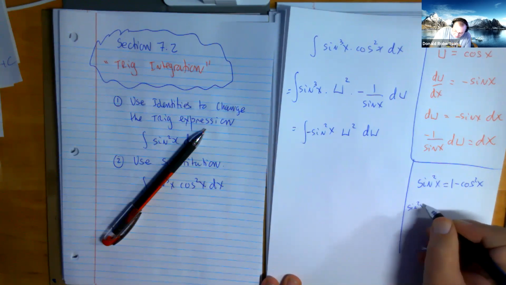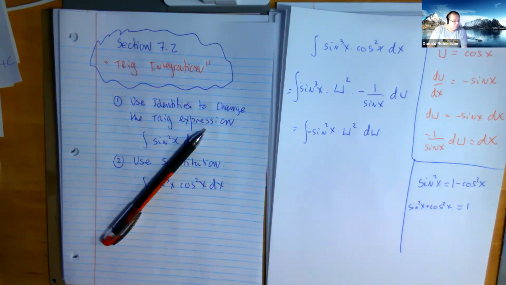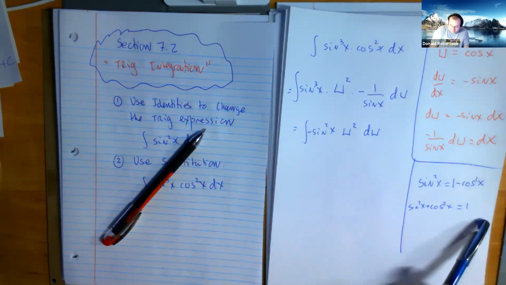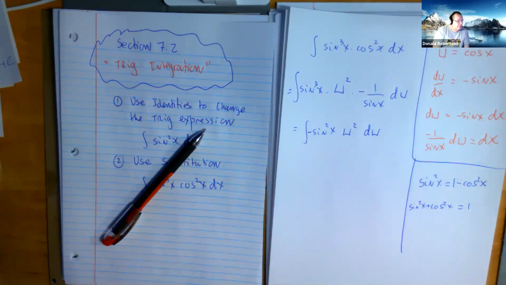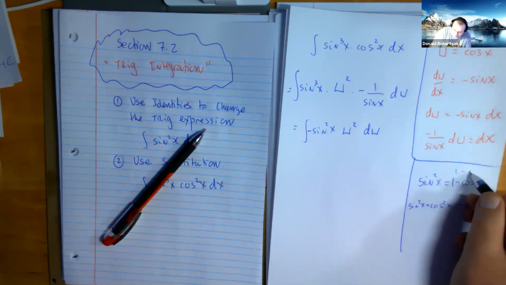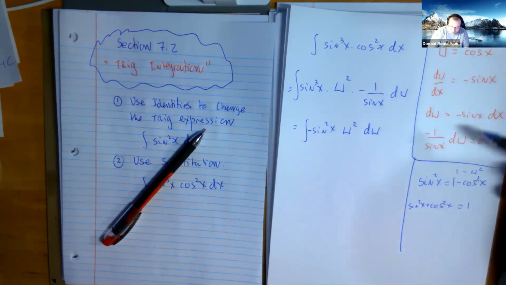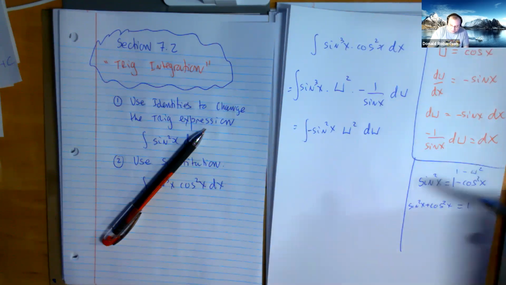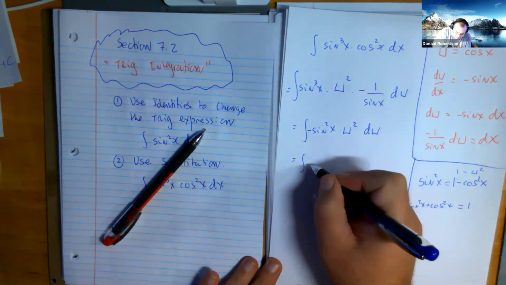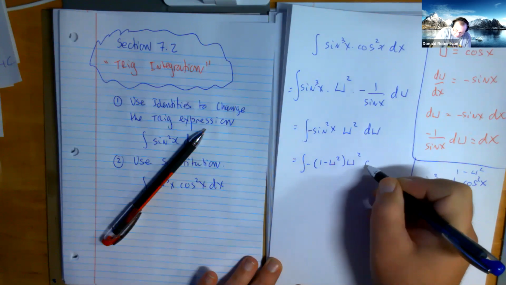I think everybody knows this one. If you subtract cos squared from both sides, don't you get this? Now that means sine squared is 1 take away u squared, right? u is cosine, so 1 minus cos squared is 1 minus u squared. So this becomes negative 1 minus u squared du.